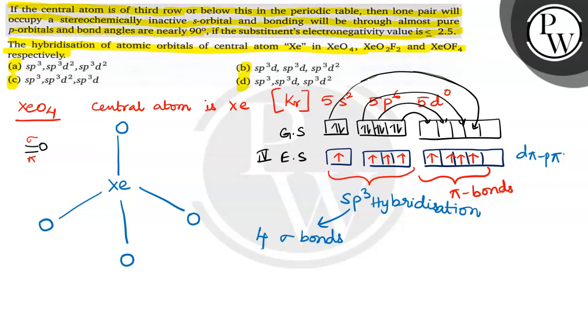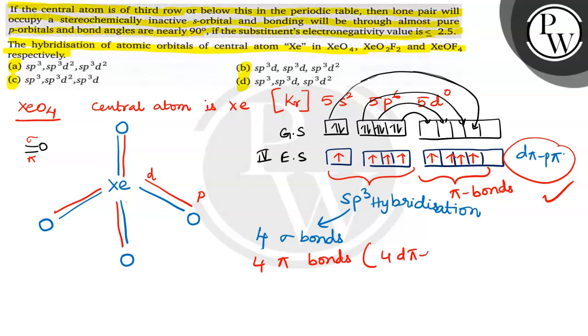So d orbital of xenon and p orbital of oxygen are involved in the pi bond. So that pi bond is called d pi p pi bond. So how many such d pi p pi? 1, 2, 3 and 4. So 4 sigma bonds and 4 d pi p pi bonds are present.